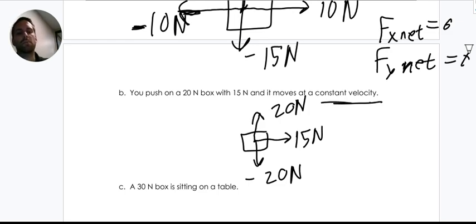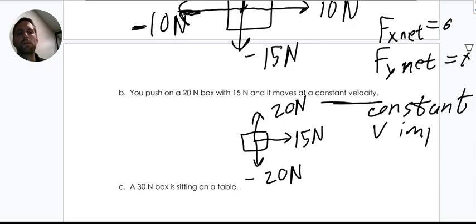Constant v implies no acceleration, or net force.